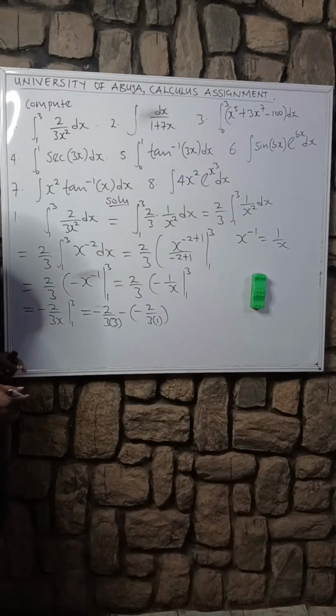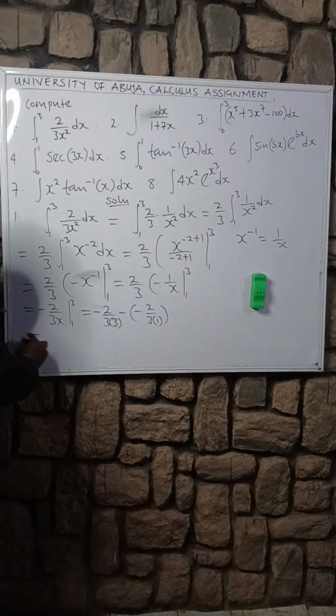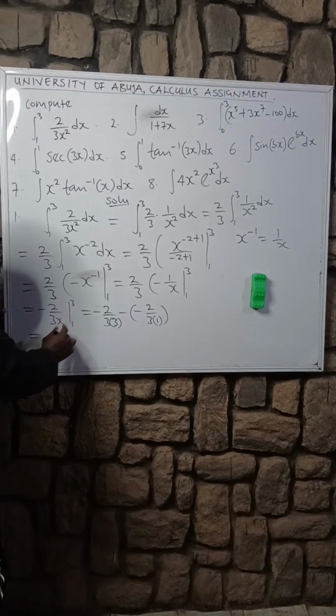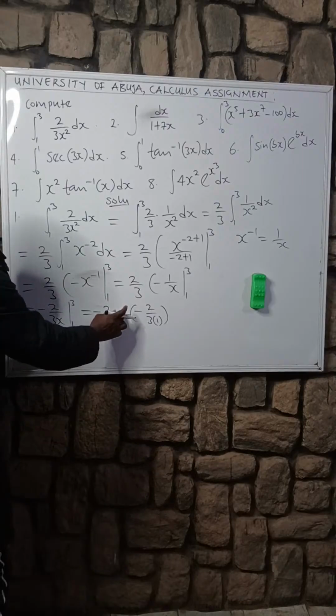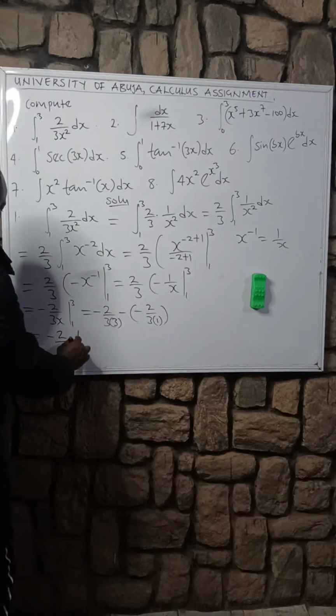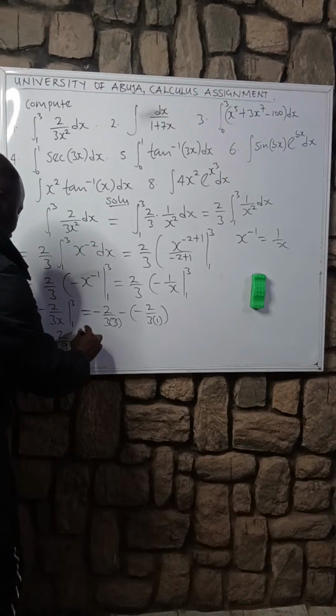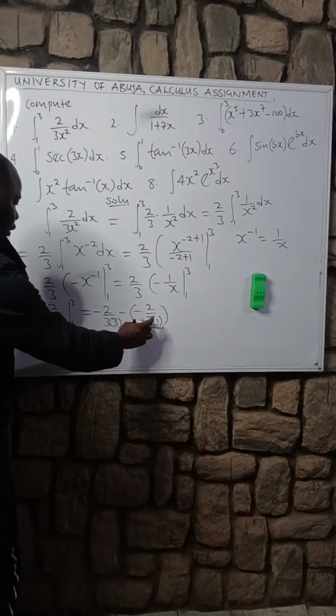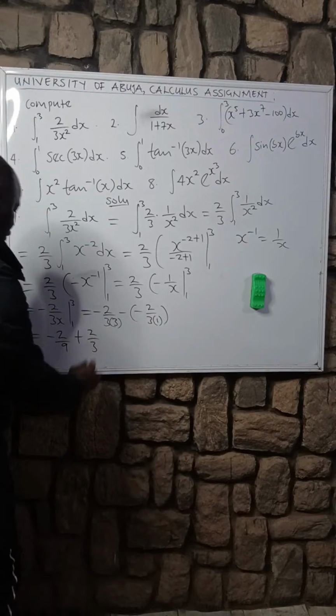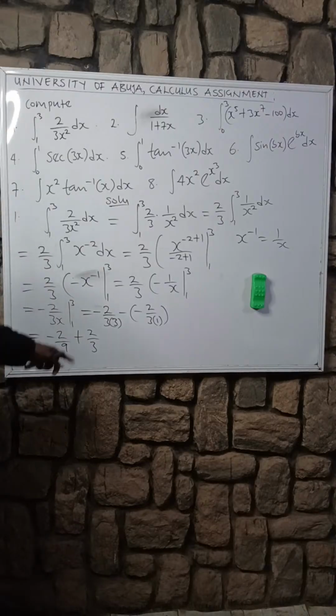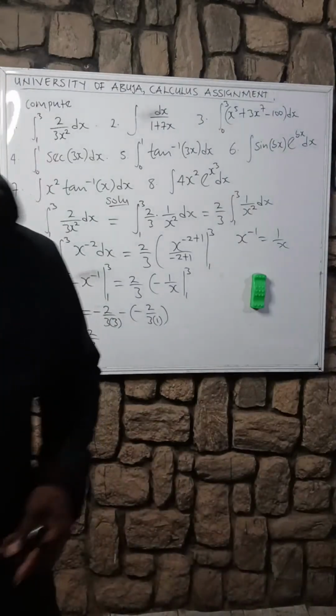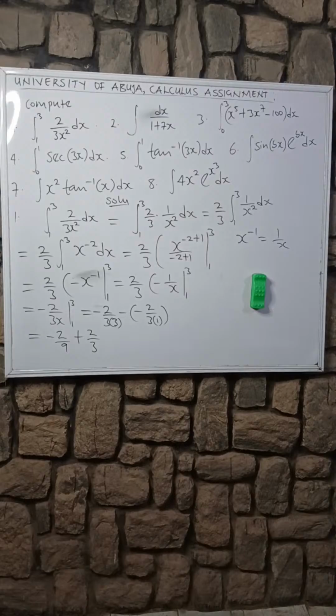Can you see now? So this is equal to minus 2 all over 3 times 3, which is 9, then minus times minus is plus, 2 all over 3 times 1, which is 3. Can you see now? Do you have any question?